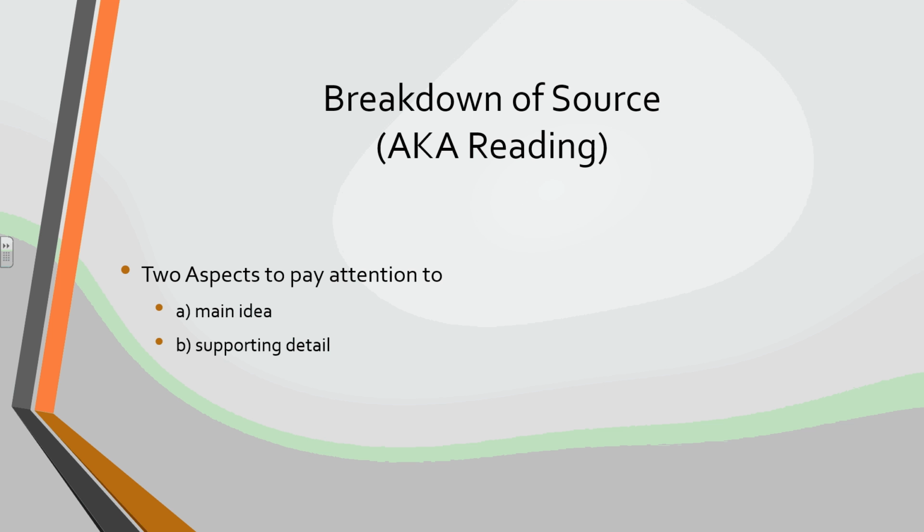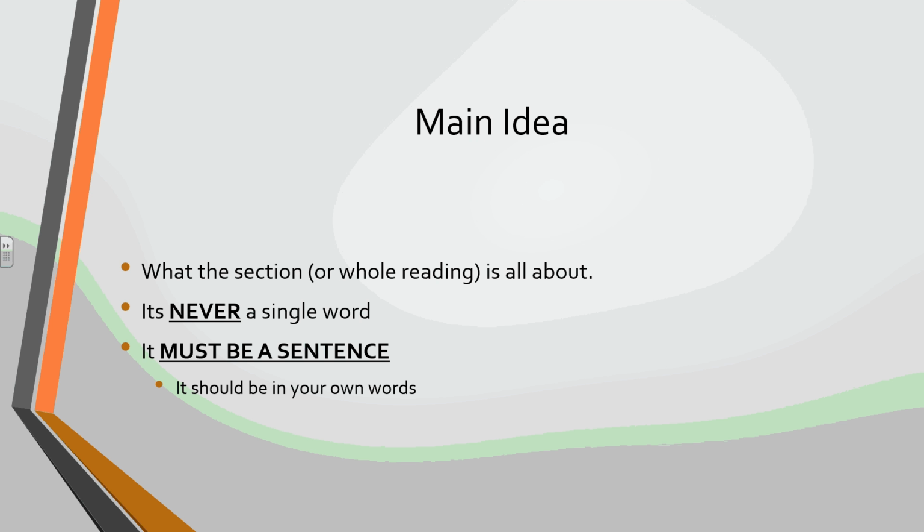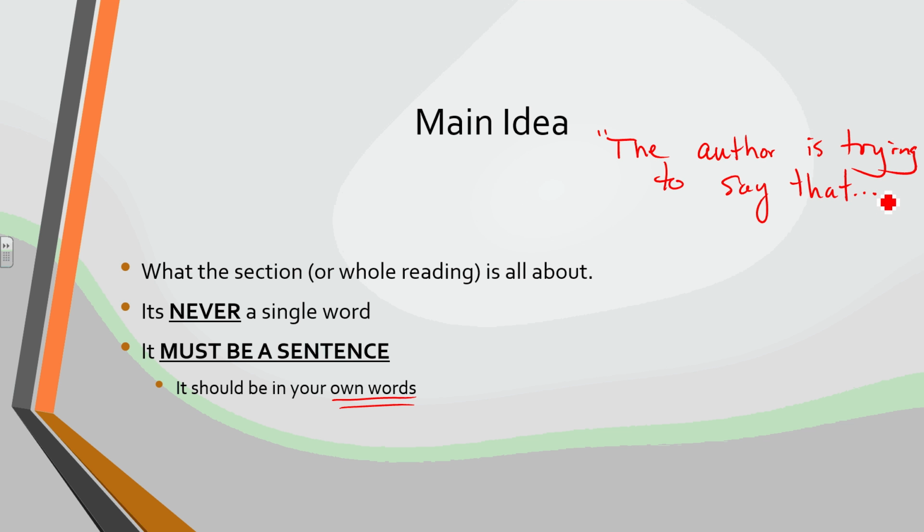So let's show you what the main idea should look like when we break it down. A main idea is what the section or whole reading is all about. It is never a single word, and it must be a sentence in your own words. Now, a main idea will always begin with this phrase: the author is trying to say that. And then it will continue.